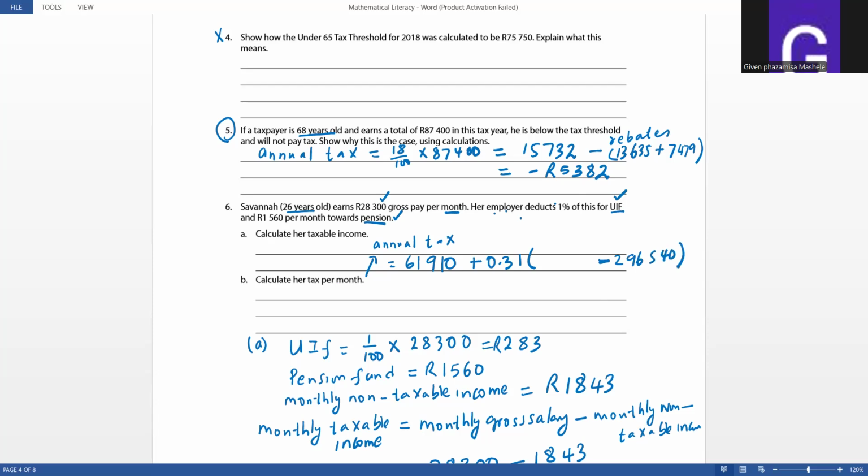Let's confirm. So it's 61,910 plus 31% of the taxable income above this 296,540. Okay, fine. We can close this.